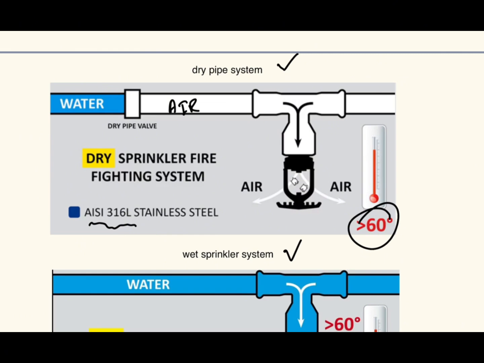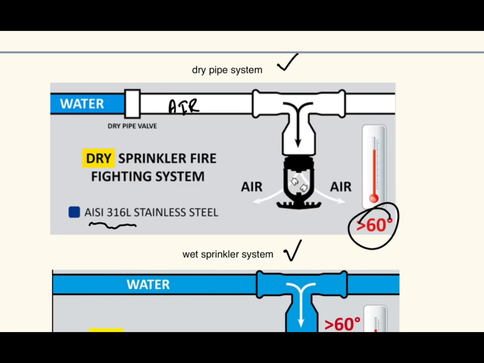So the two key points which we need to remember: it is filled with air, and as soon as the temperature exceeds 60 centigrade, the elements on the sprinkler head break, and air escapes first, and then water comes.